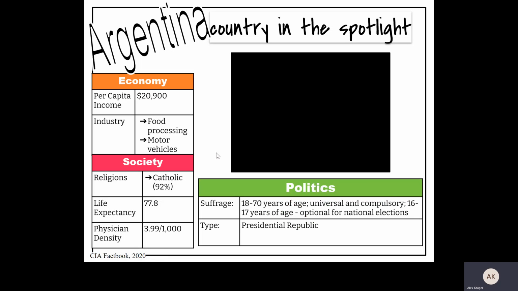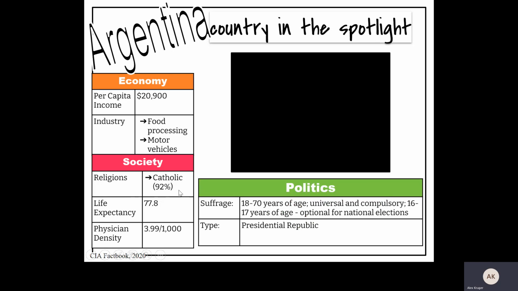Argentina's doing better than Cuba. 20,000, almost 21,000. Not too shabby. They've got food processing, which is a lot of beef exports from Argentina, and animals. I think probably hogs, I would imagine. Motor vehicles, they do construction of cars there and stuff like that.